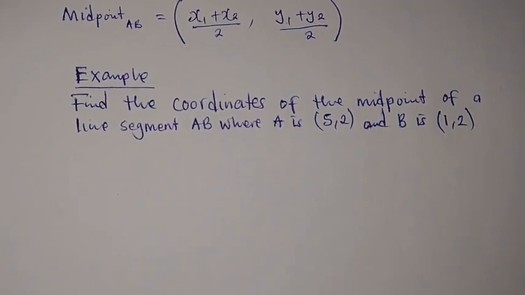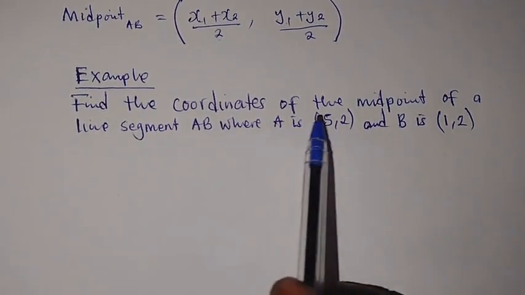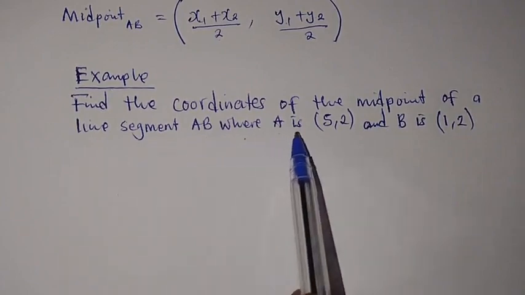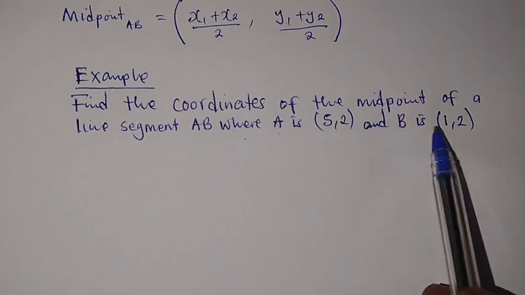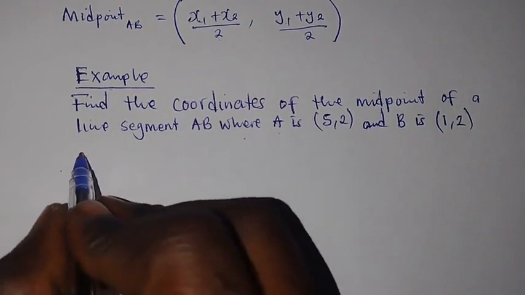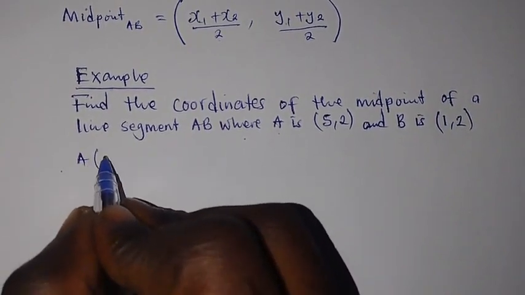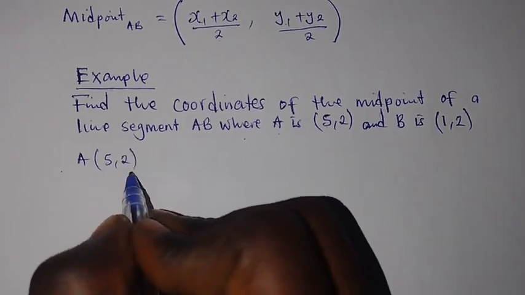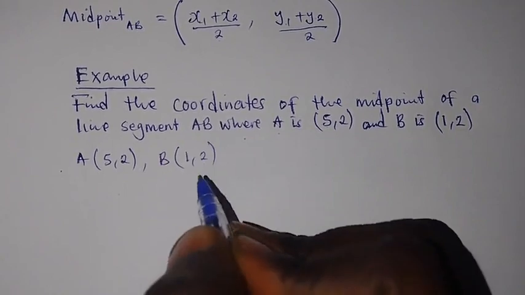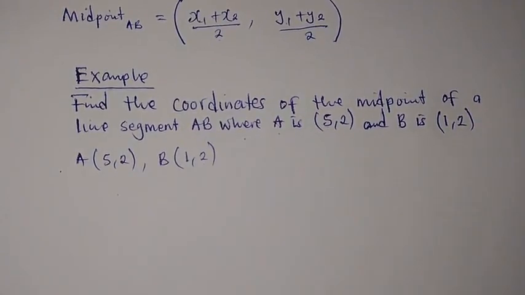Alright, so this is our example. Find the coordinates of the midpoint of a line segment AB, where A is 5,2 and B is 1,2. This is simple. First, write the coordinates. You have point A, 5,2. You also have point B, which is 1,2. Then don't forget the formula.